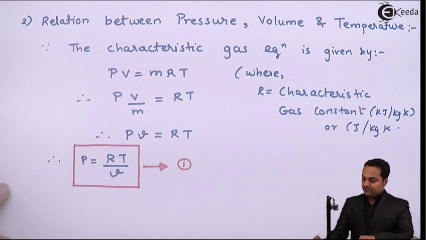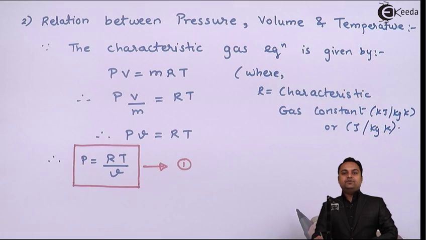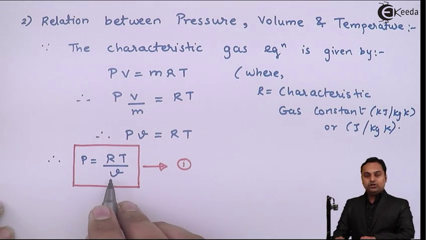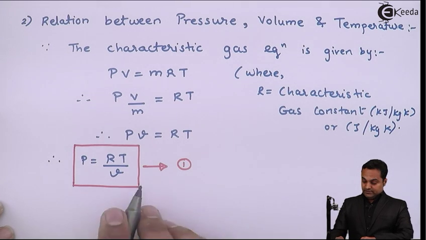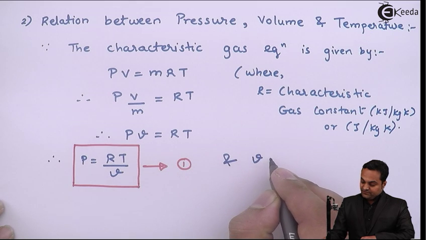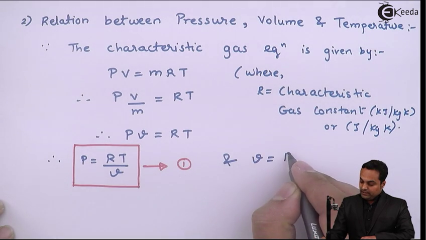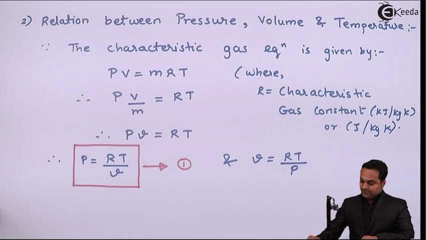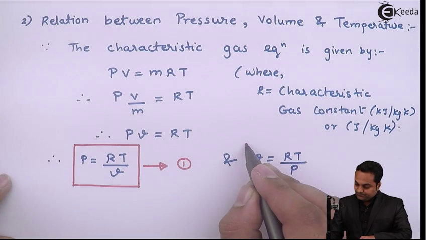So that is R, the characteristic gas constant. Now I have got pressure is equal to RT upon specific volume, that is V. Next I'll also get from here, therefore V specific volume will be equal to RT upon P, and this I'll keep as the second equation.